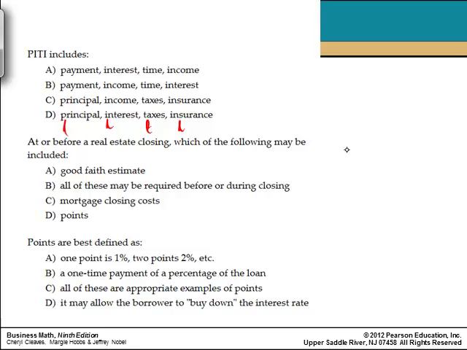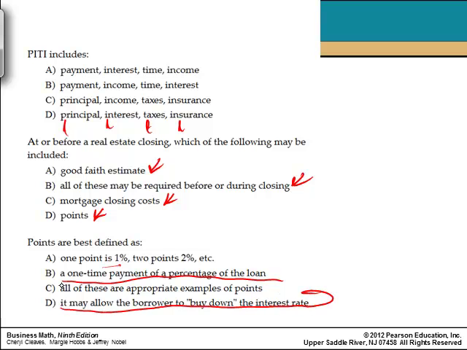At or before the real estate closing, which of the following may be included? Mortgage closing costs, points, estimate, all of these may be included. Points are best defined as 1 point is 1%, a one-time payment of a percentage of the loan. It may allow the borrower to buy down the interest rate. In fact, it's all of these.